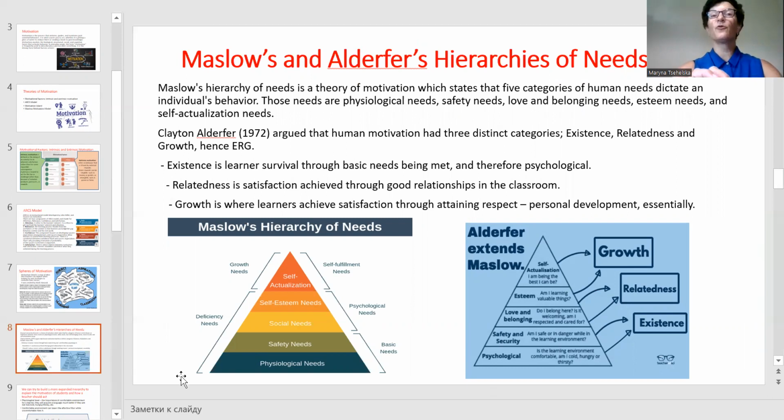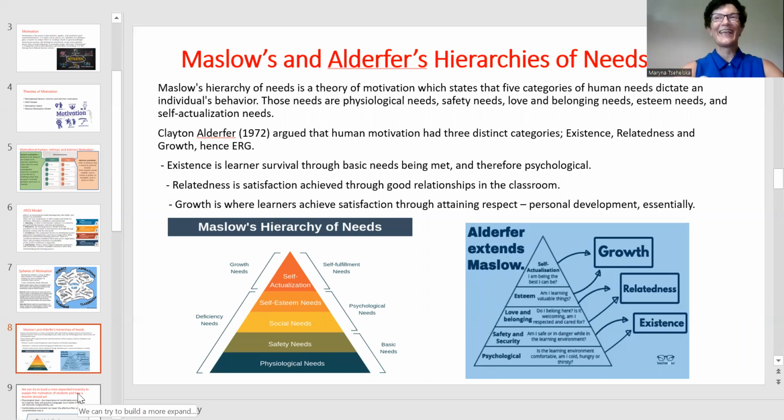So you probably all know Maslow's theory about the hierarchy of needs, and it was extended by Clayton Alderfer, who argued that we can divide all these needs into existence needs, relatedness needs, because humans are social animals, and growth needs, like self-fulfillment needs.